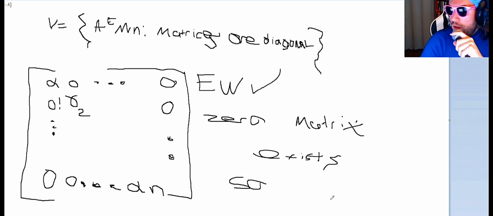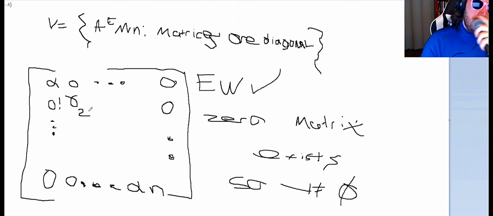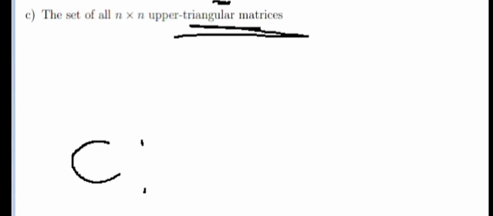So the vector does not equal that. For C, that should be in your notes. Essentially, all you need to know for C is that it's a subspace.